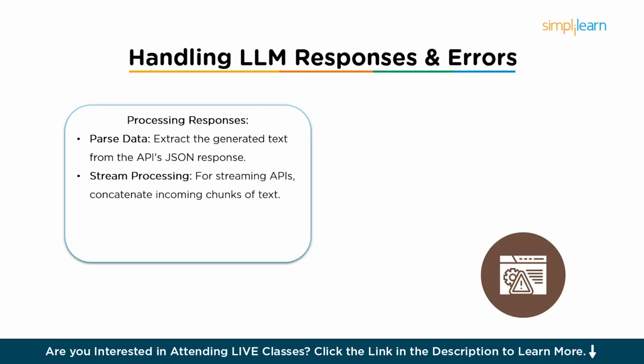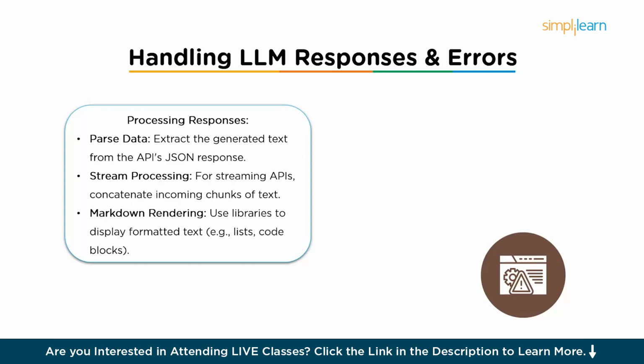Next, we have stream processing. As we discussed with streaming support for APIs that offer it, you will engage in stream processing. This means you don't wait for an entire response. Instead, you will concatenate or assemble incoming chunks of text as they arrive. This allows for dynamic real-time display of the chatbot's message, which significantly enhances user experience.